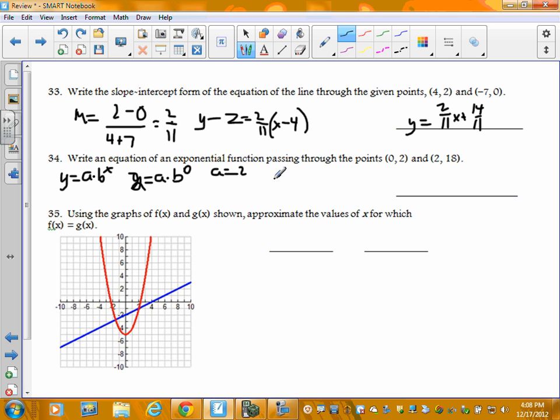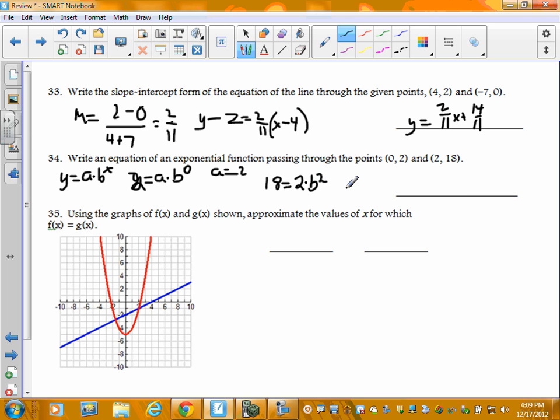So now I plug all this stuff in. 18 equals a, which is 2, times b to the 2, x is 2.